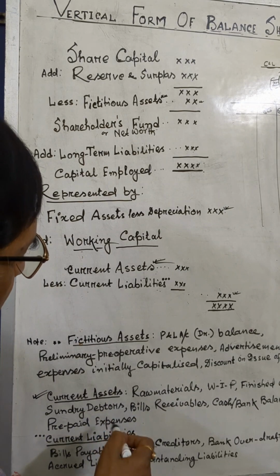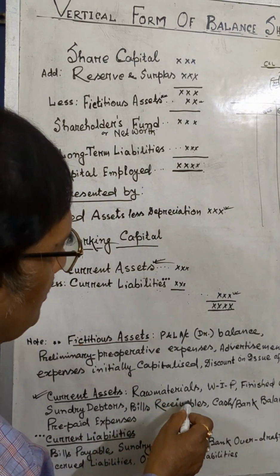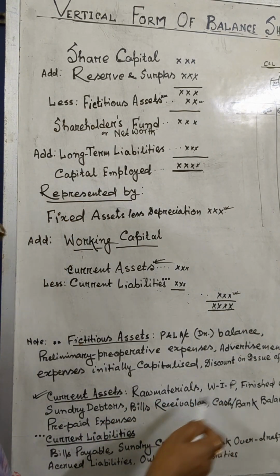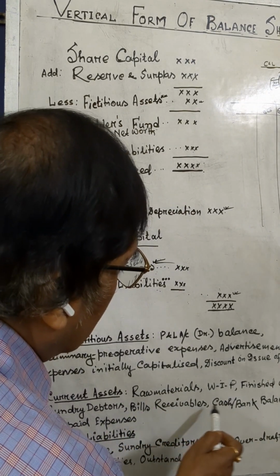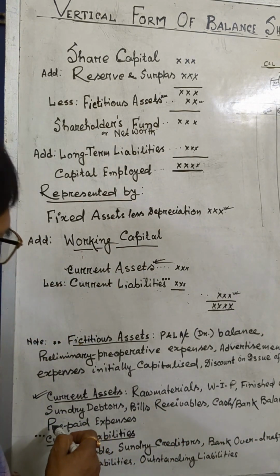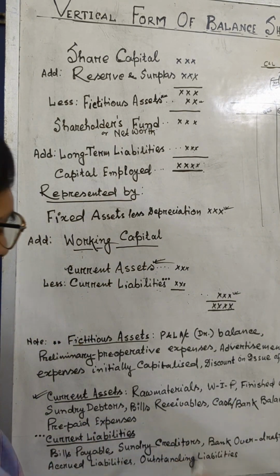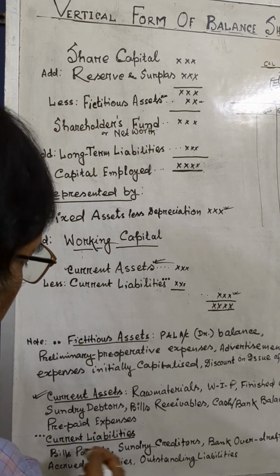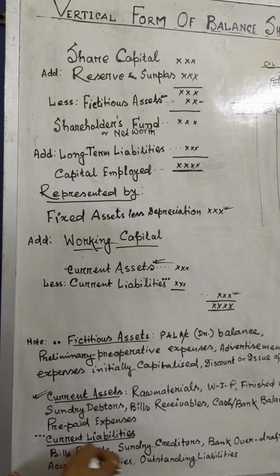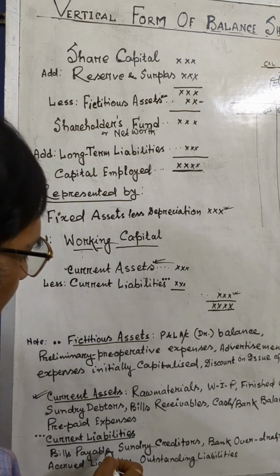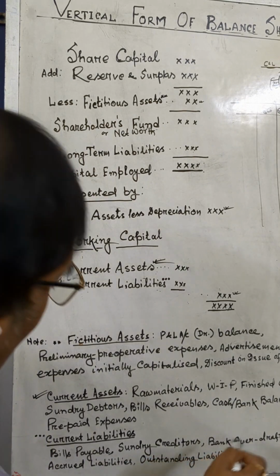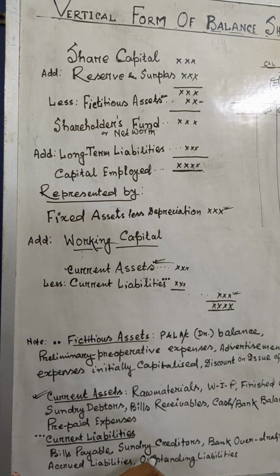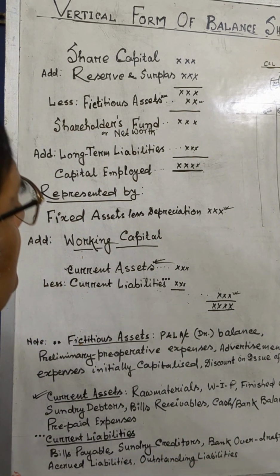Raw materials, work in progress, finished goods, sundry debtors, bills receivable, cash balance or bank balances, prepaid expenses, all these. I have just mentioned a few items; there are many other items also. Which items come under current liabilities? Bills payable, sundry creditors, bank overdraft, accrued liabilities, outstanding liabilities, all this.